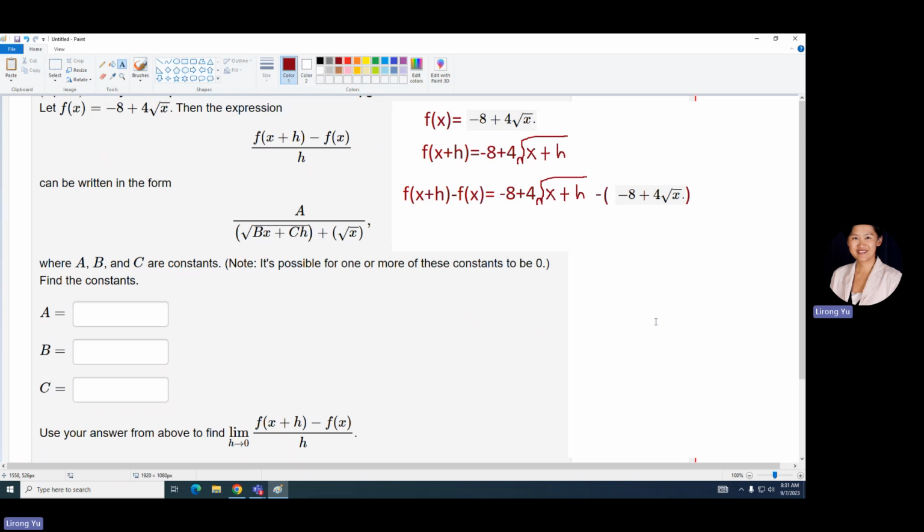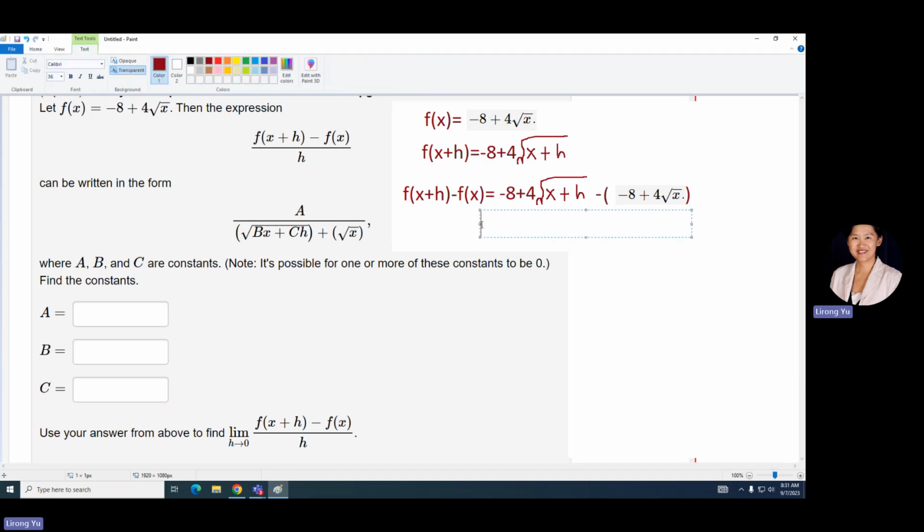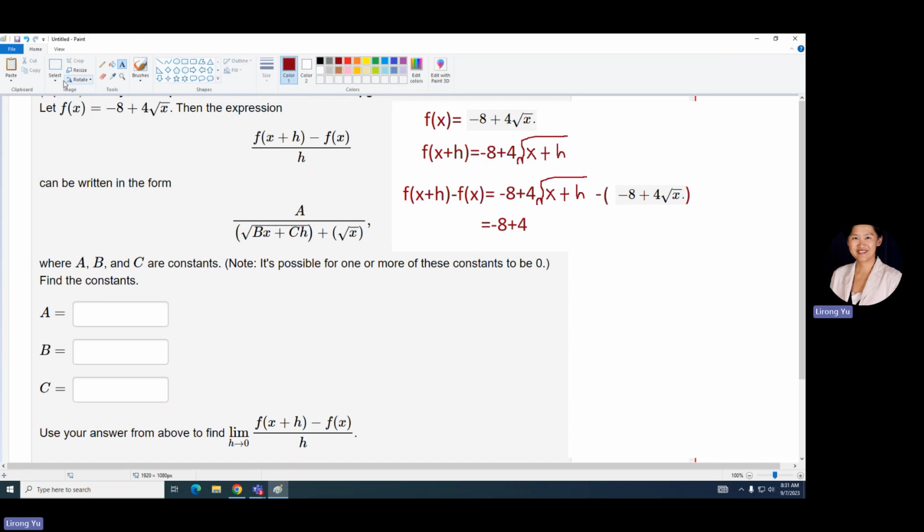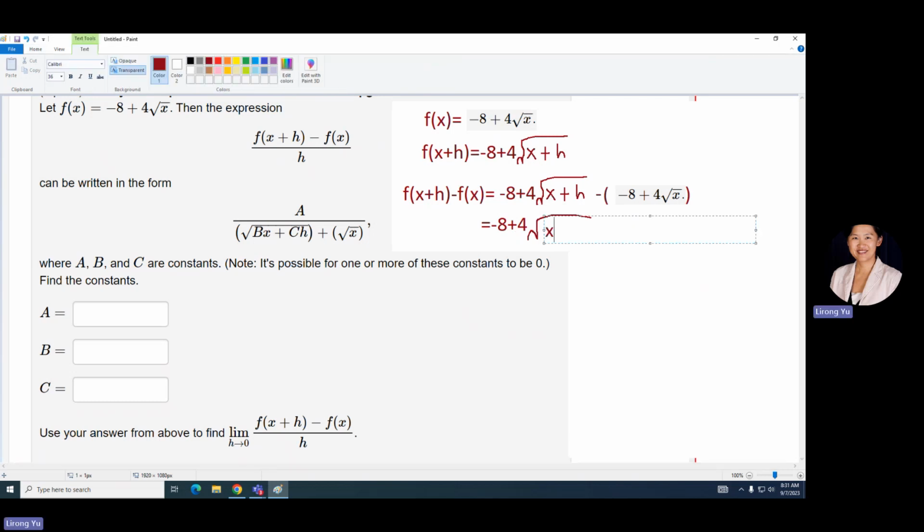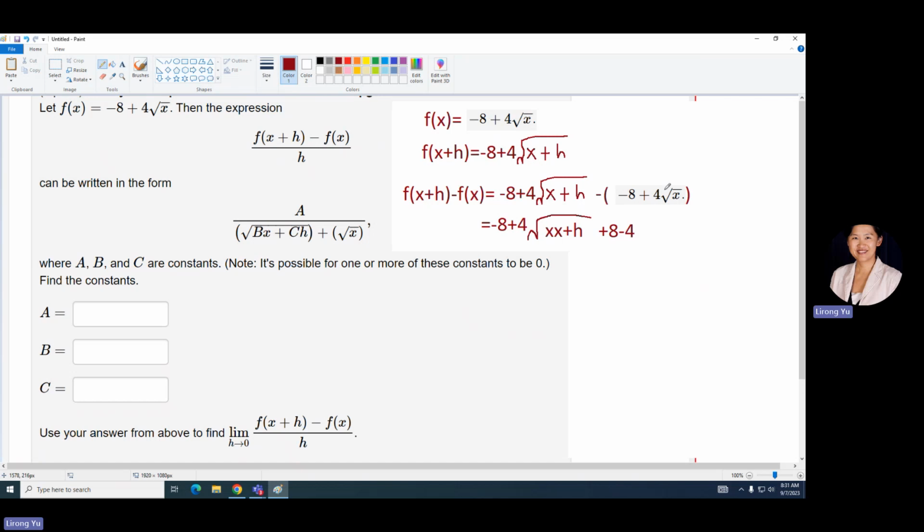Then we're going to start removing the parentheses. If you remove the parentheses, it's -8 plus 4 times the square root of x plus h, plus 8 minus 4 root x. So the 8s cancel each other out.